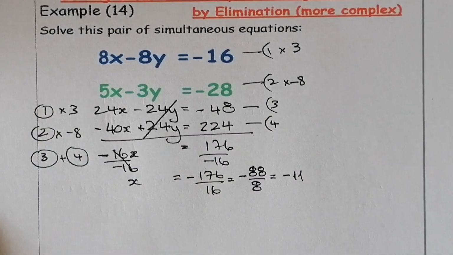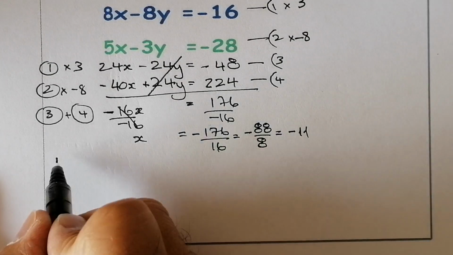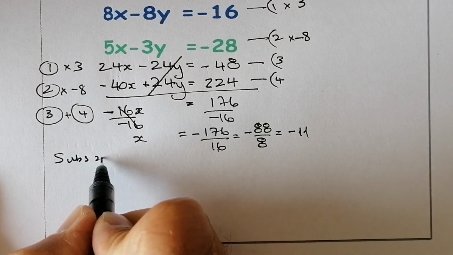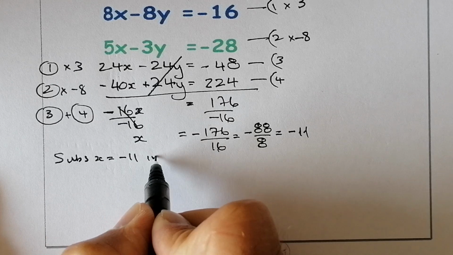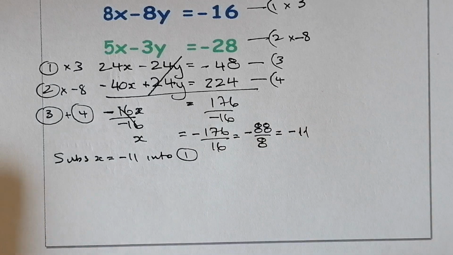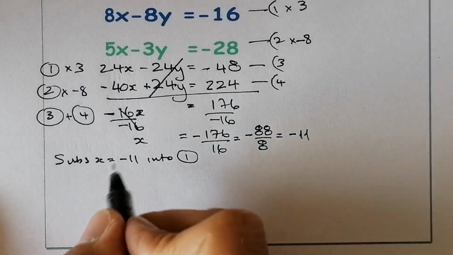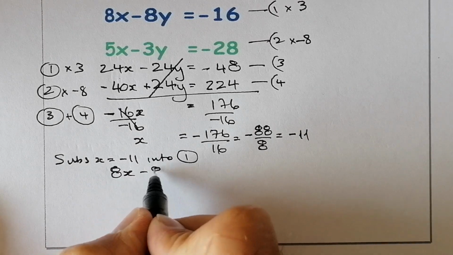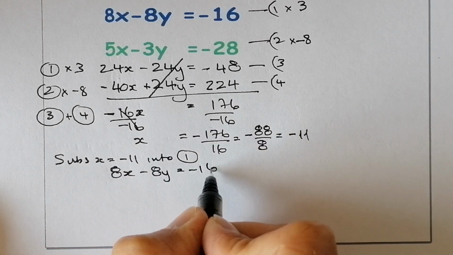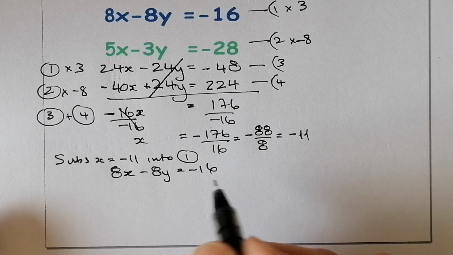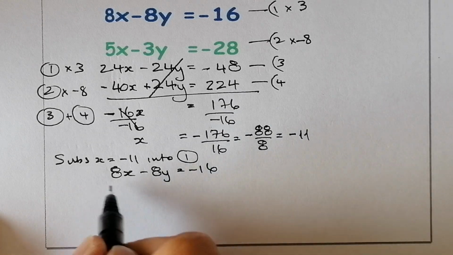Okay, so what we can do from there is we'll substitute x equaling negative 11 into equation number 1. So equation number 1 starts off with 8x minus 8y is equal to negative 16. So what we'll do is we'll substitute the negative 11 in here.